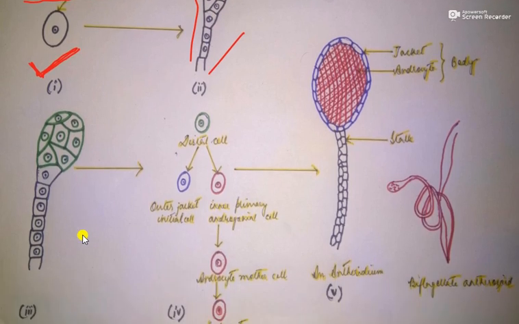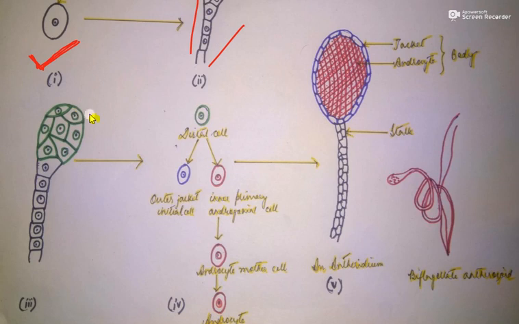So what is happening? This apical cell will divide a number of times, and out of this, some 2 to 4 distal cells of this apical cell division will again divide periclinally. Periclinally means parallel to the surface of the organ or the plant, and they will form the body of the antheridium.